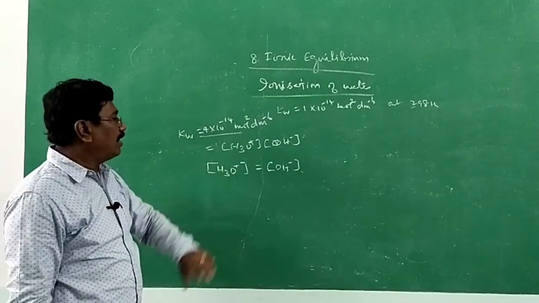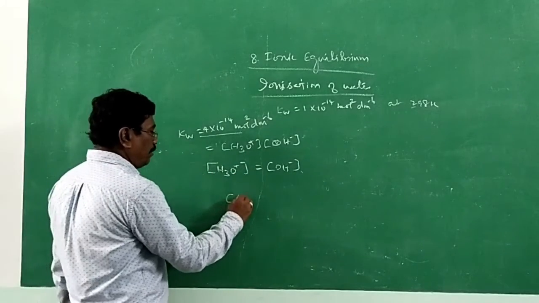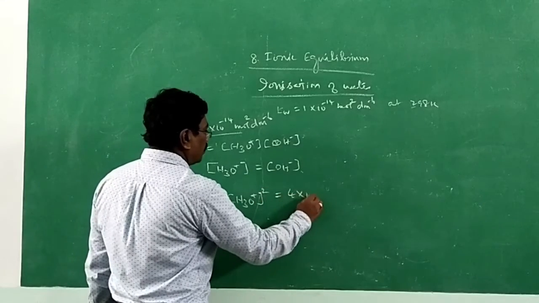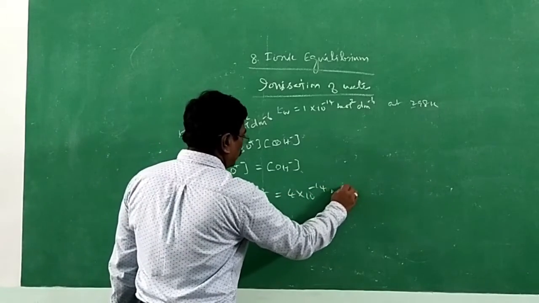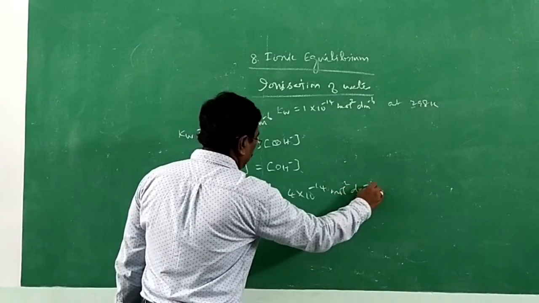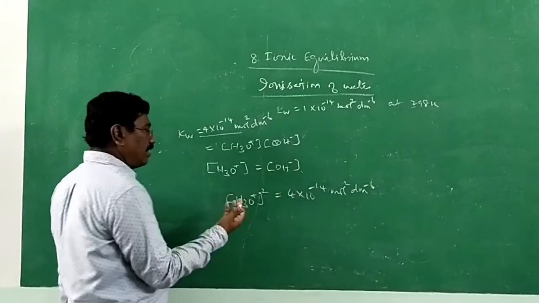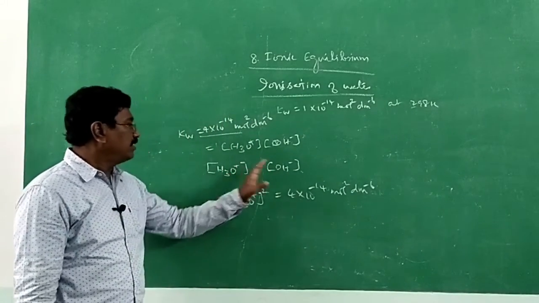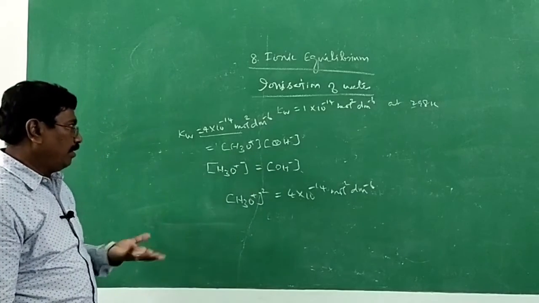So, if they are equal, what does it mean? I can say hydronium ion concentration square is equal to 4 into 10 power minus 14. Am I correct? Yes. I can replace hydroxide ion concentration by hydronium ion concentration, or hydronium ion concentration by hydroxide ion concentration. Both are the same.